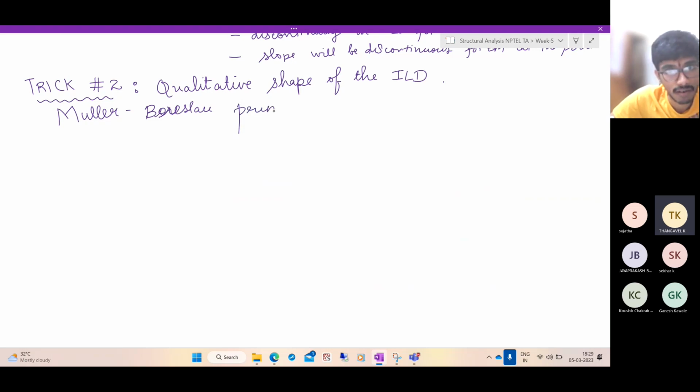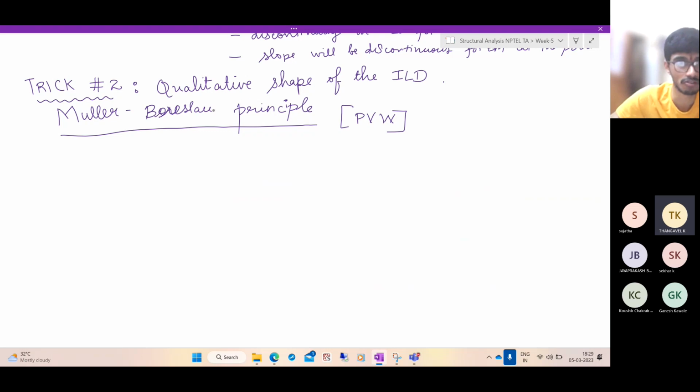This is also known as the Muller-Breslau principle. These are the same scientists who were involved in formulating the principle of virtual work. And this trick actually follows from the principle of virtual work applied to two systems, where one system is the actual point load, and the other system is a relaxed support. Okay, no problem, you probably would have covered it in the main lectures of the course.